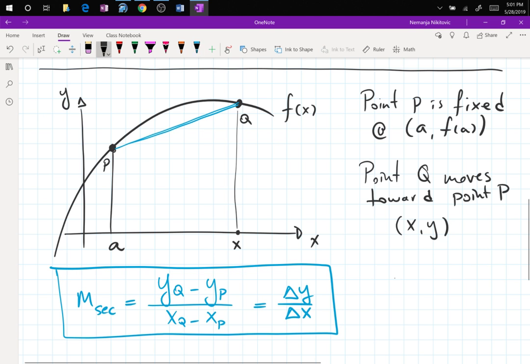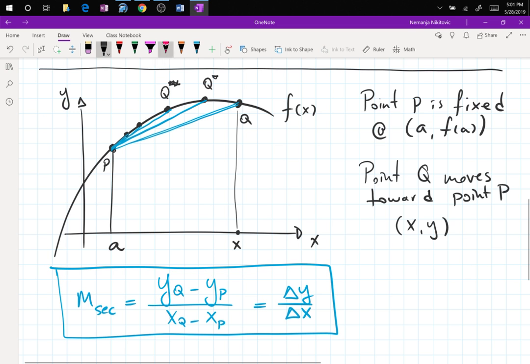No matter where point Q goes, you will be able to stretch this blue line from Q to Q star, Q 2 stars, and so on. As Q approaches P, you always have the blue lines established.